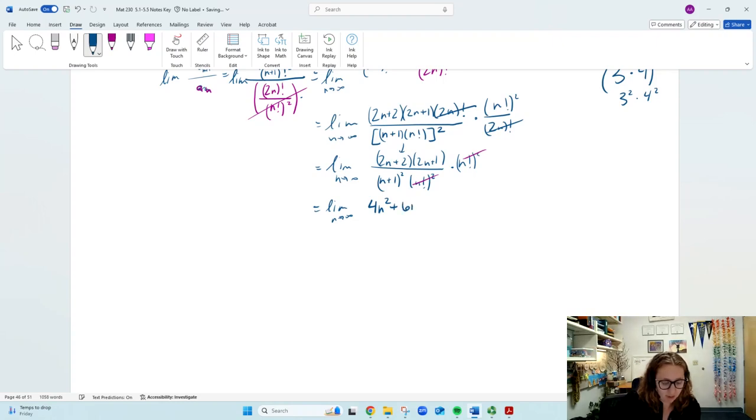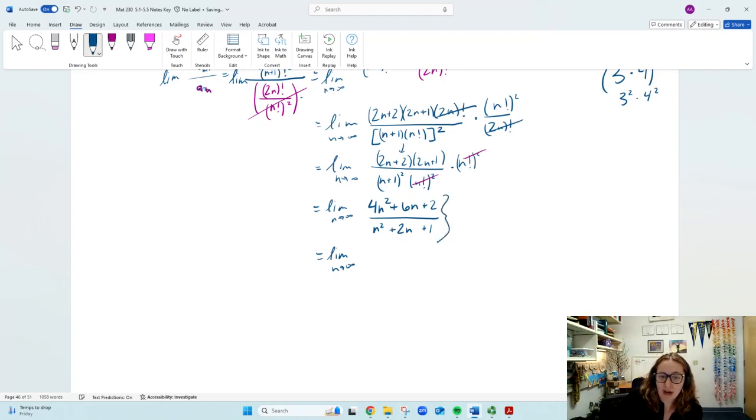So if I multiplied all of these out and I multiplied my n plus 1 squared, which, remember, doesn't just have an n squared and a plus 1, but also an n times a 1 and then another 1 times an n, so it has that middle term. You can see that the degree of the numerator and the denominator are both 2, and thinking back to pre-calc, another way of thinking about limits is horizontal asymptotes.